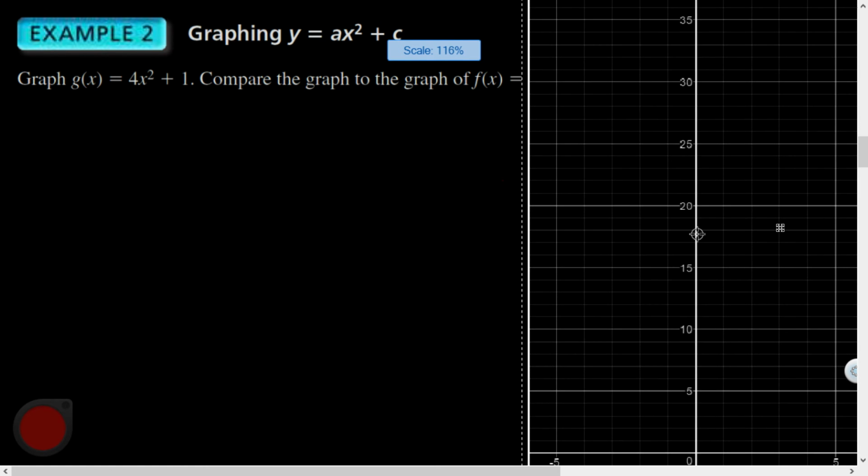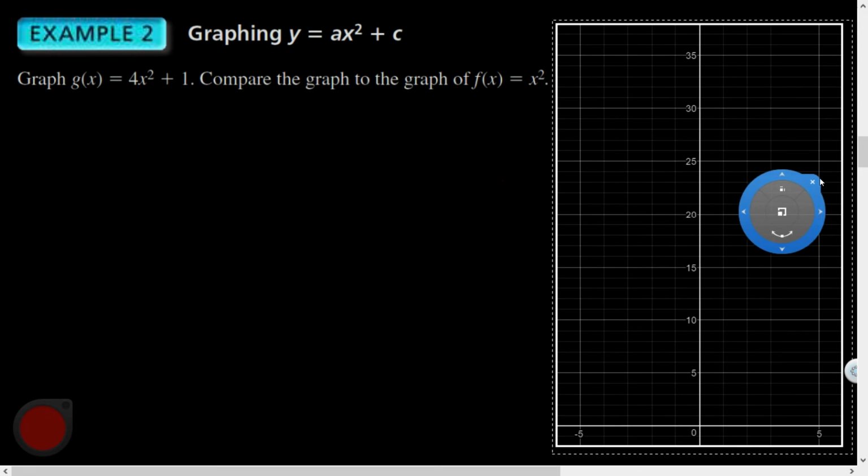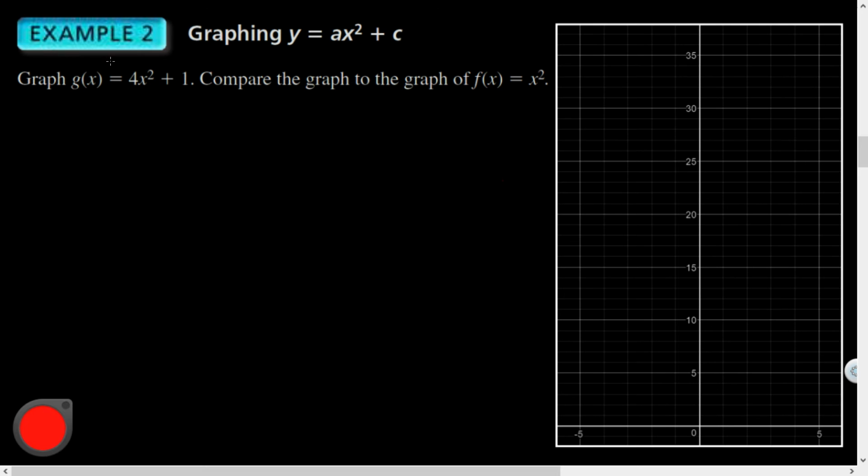You might be able to see them better on your paper there. Okay, so question, what does this plus 1 do? It's a vertical shift up 1, making my vertex 0, 1. So I'm going to plot the point 0, 1 right there, like so.